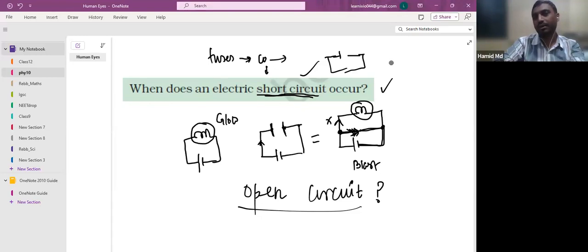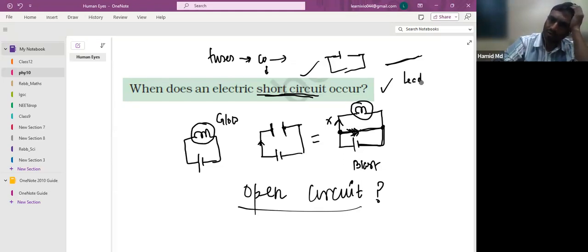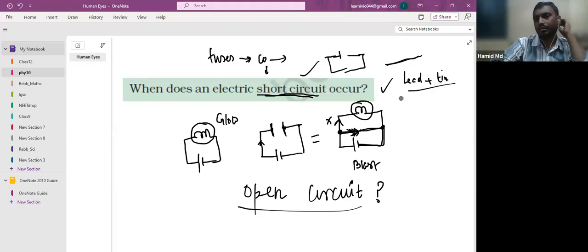If you use tungsten, why are you not using tungsten? It has a high melting point, so it will take time to melt. So actually we use lead and tin, an alloy of lead and tin, so it will melt easily. Clear? Yes, sir.